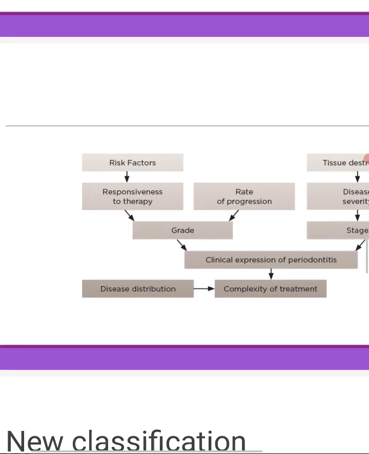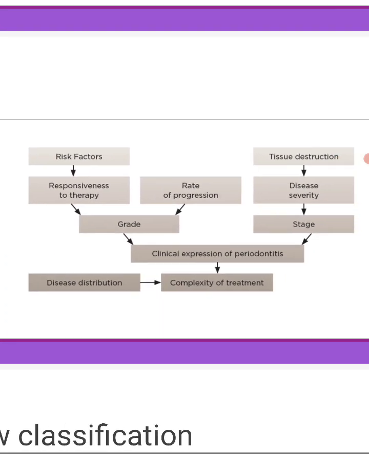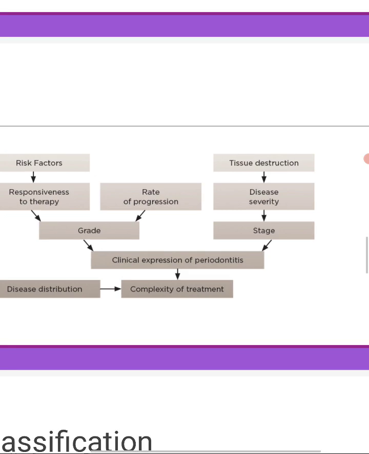The other thing is that the last classification considered the risk factor, responsiveness to treatment, or rate of progression to determine the grade, while the tissue destruction or severity is the stage, and now it is clear.